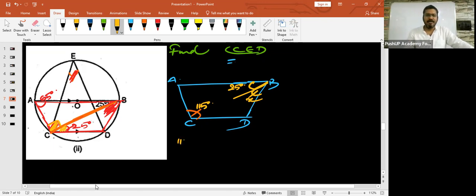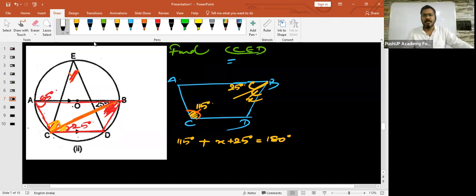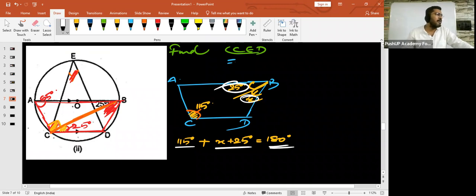So can't I say angle C, which is 115 degree, plus angle B, which is X plus 25, should be equal to 180 degree? Because the opposite interior angles of a cyclic quadrilateral are supplementary.